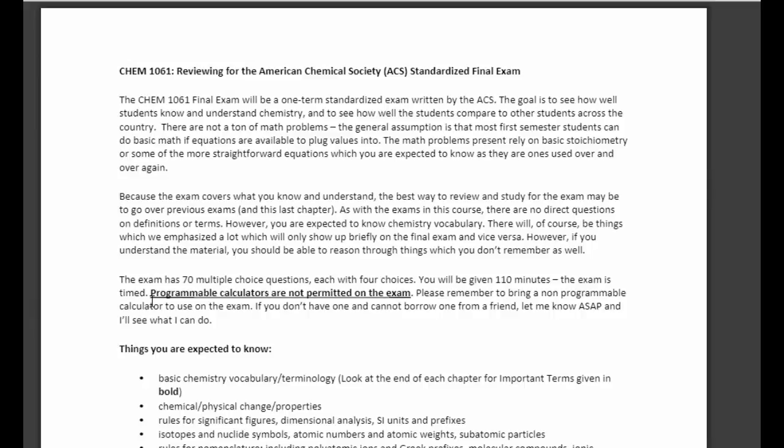I do have a couple that can be borrowed, but if I were you, I would just pay the $10-15 for your own. Yep, that's perfect. It can be one line with only numbers, or it can be 2 line, like that, but not graphing and not programmable. Okay.